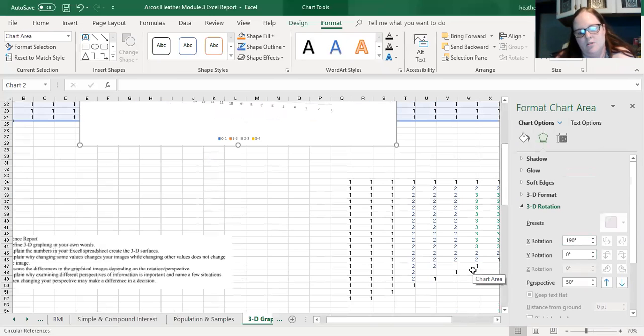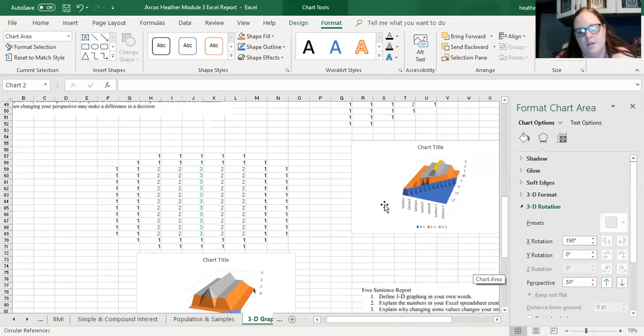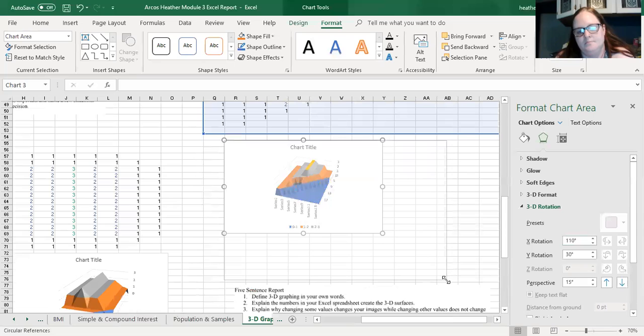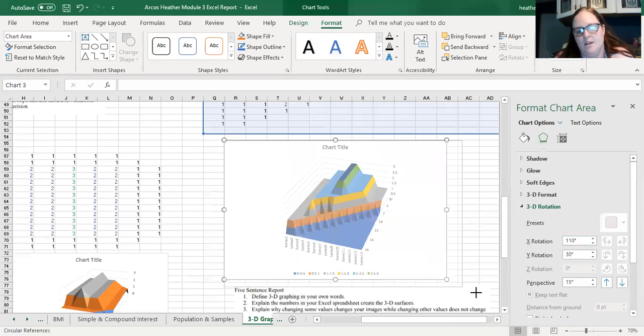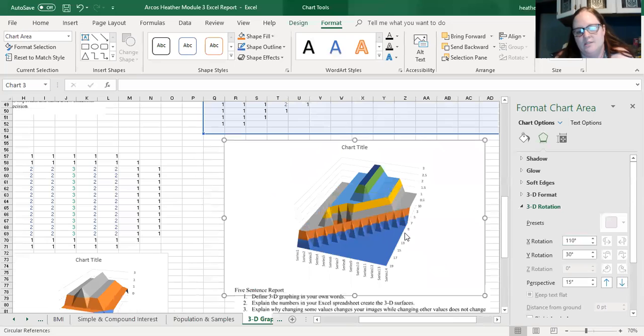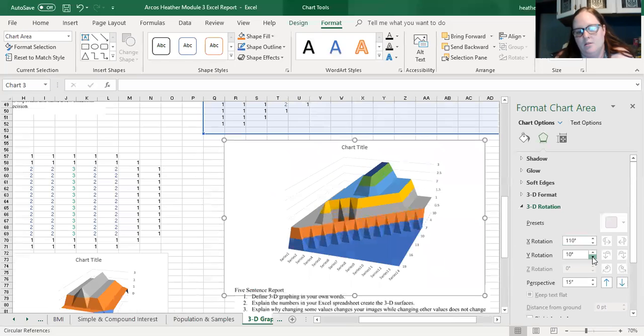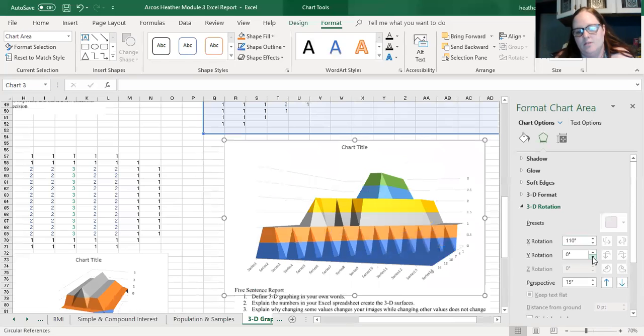Okay, and I have other charts. This one, I just kind of randomly put numbers in there to see what I can make. I kind of like how this one came out. It has all these little ridges. Kind of looks like mountains a little bit.